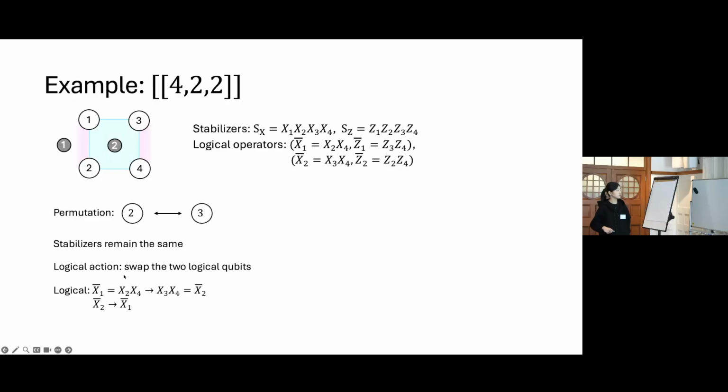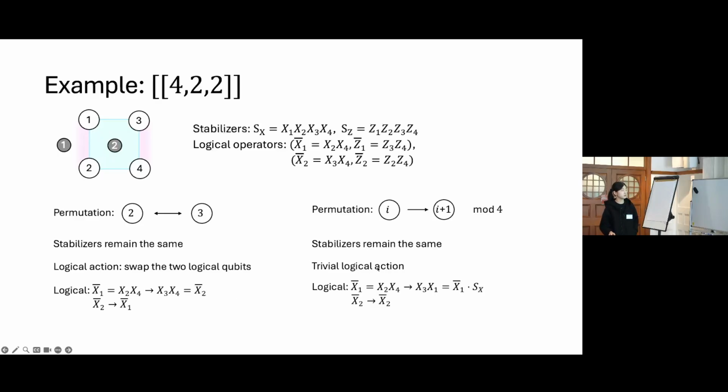So the logical action of this is effectively swapping the 2 logical qubits. Another example is this cyclic permutation. This will end up being a trivial logical action, as you can check. So not all the permutations are relevant for us.